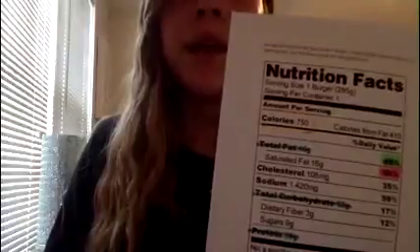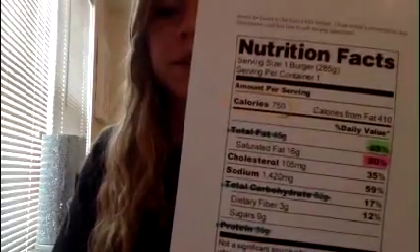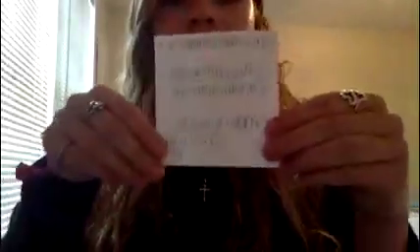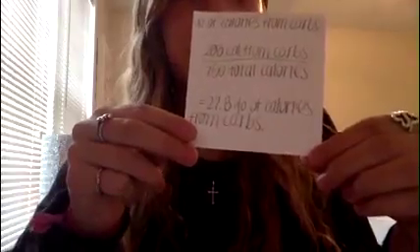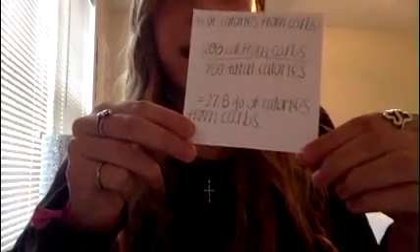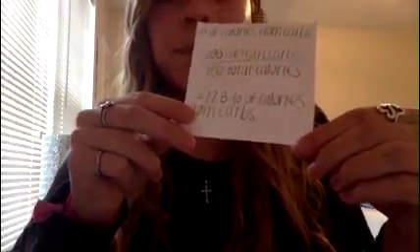I will give you all a minute to calculate the percentage of calories from carbohydrates and proteins on your own. Look at your nutritional label for reference. As you can see, you should have gotten 27.8% of calories from carbohydrates and 20.8% of calories from protein.